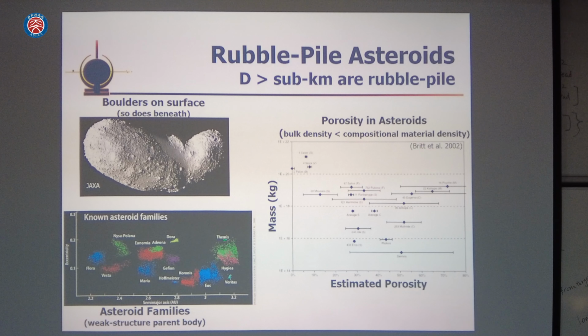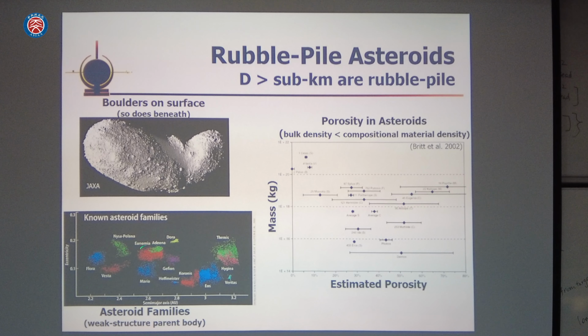An asteroid family means a bunch of asteroids that share some correlation in their orbits. As you see, there are different colors showing different asteroid groups. And we believe this kind of asteroid family is produced from a parent body.